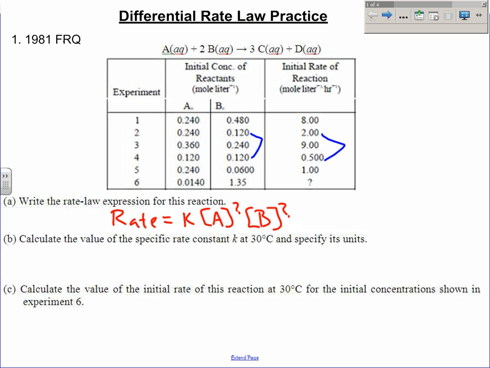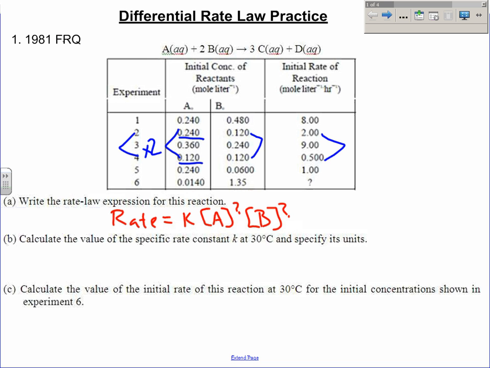So we're really looking at Experiment 2 and Experiment 4. Now, if you notice, in Experiment 4, the concentration was 0.120. In Experiment 2, it was double that, 0.240. So really, the change in these concentrations is a doubling situation.